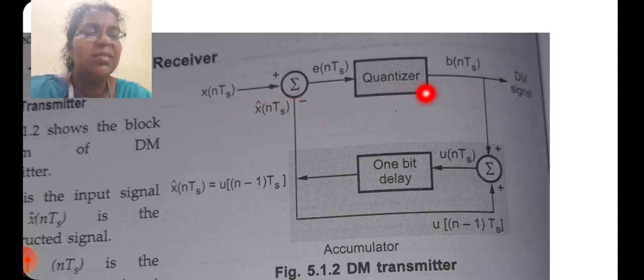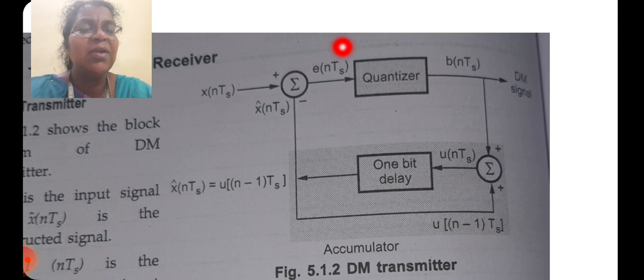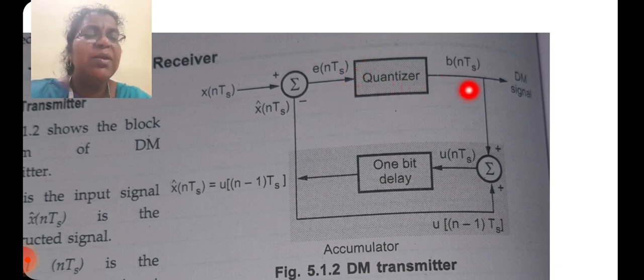The quantizer output b of nTs will be either plus del or minus del depending upon the error signal e of nTs. When e of nTs is positive, b of nTs will be plus del. When e of nTs is negative, b of nTs will be minus del.